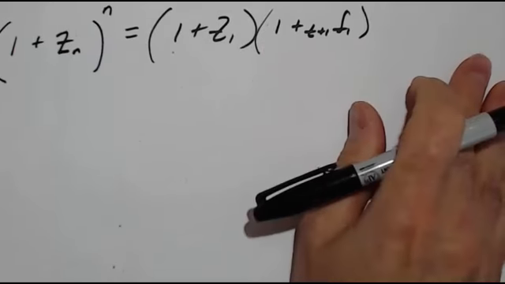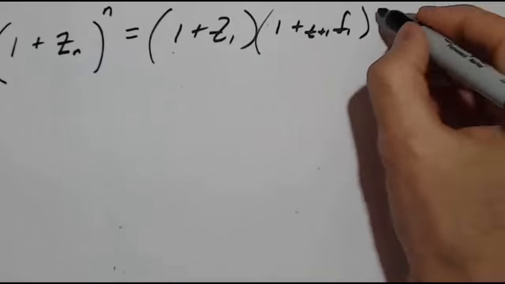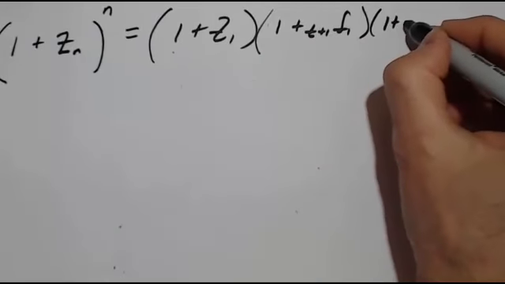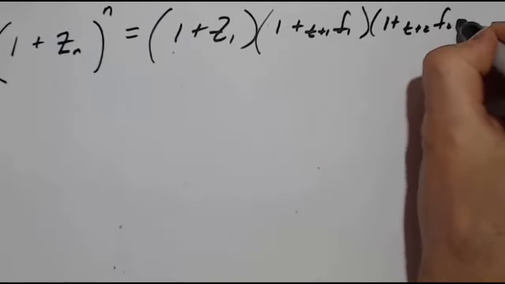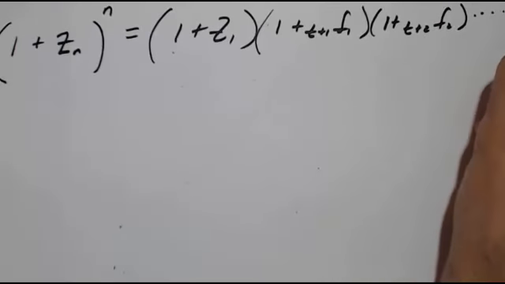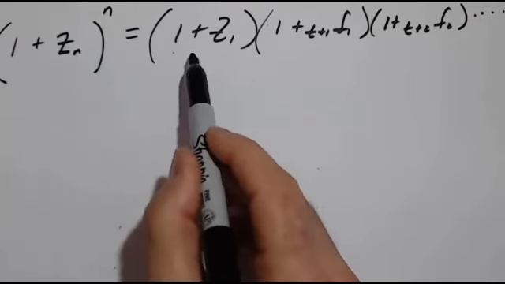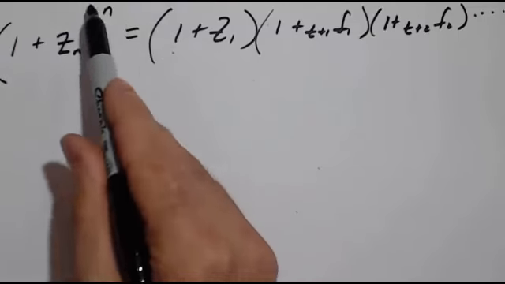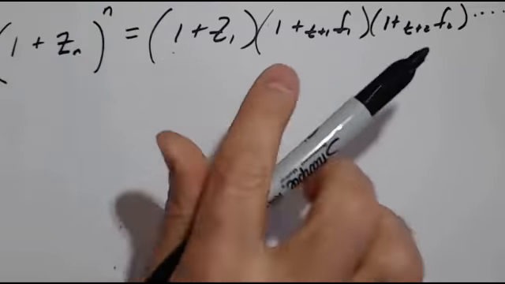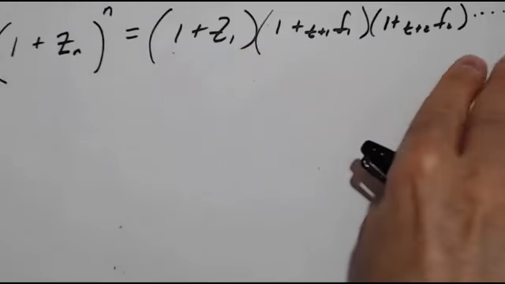So let's look at this all from an annual basis. And then you think of it as 1 plus 2F2, and it just keeps going for n periods. Okay? So what I'm saying is long-term rates are a function of a bunch of short rates.